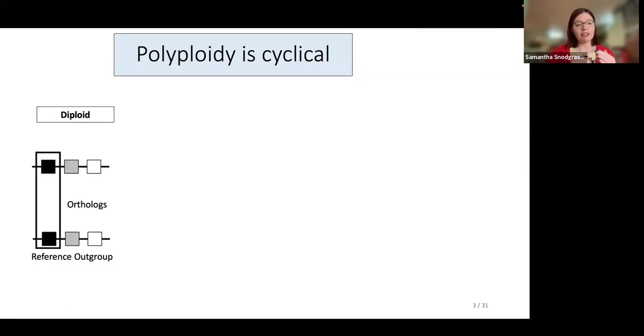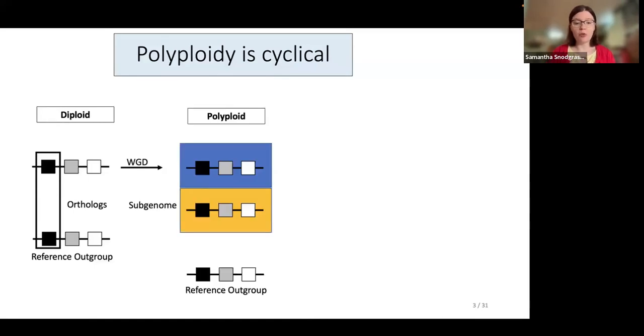And if we compare genes that are related through common ancestry between this reference outgroup and our diploid of interest, we call these orthologs, right? And so after a whole genome duplication event, instead of a 1-to-1 ratio of these orthologs, we get a 2-to-1, where we have two copies of each ortholog to the one copy in the reference outgroup.